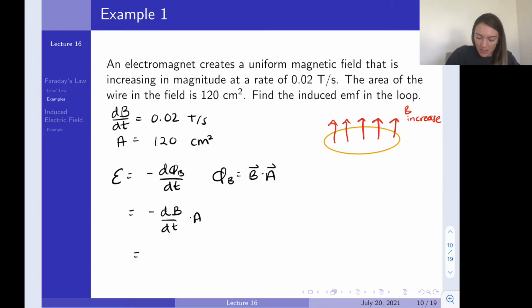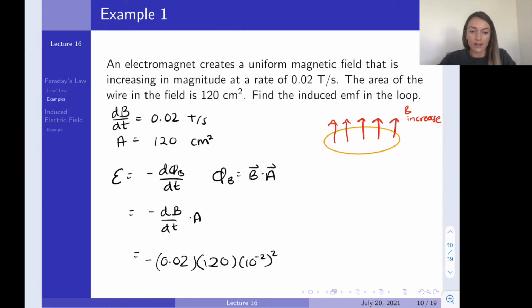So I have dB/dt is 0.02, and my area is 120 centimeters squared, so that's going to be 10 to the negative 2 squared. So then we just plug all of this into our calculator, and this becomes 2.4 times 10 to the negative 4 volts. So EMF, remember, is measured in volts.